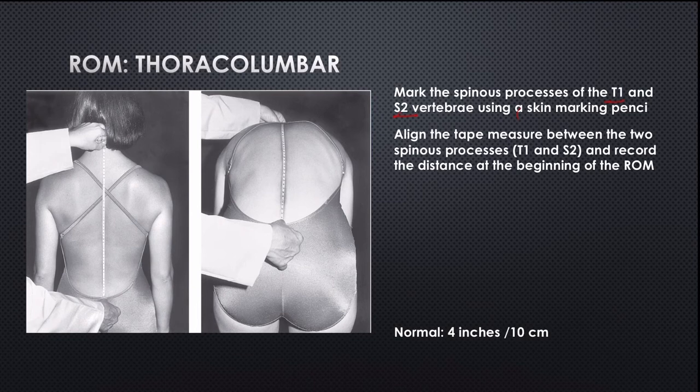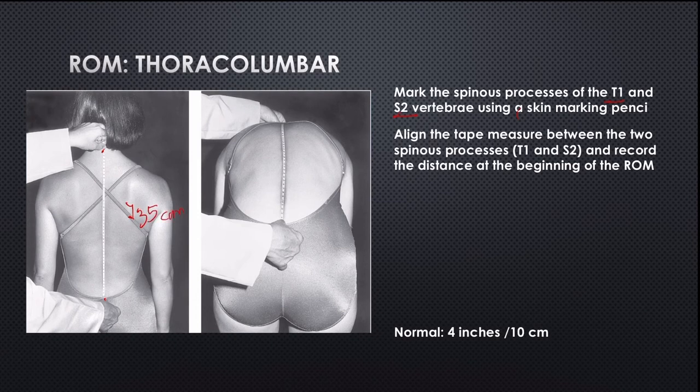Align the tape measure from T1 to S2 and record the distance. So let's say, for example, T1 here, S2 here. You have it in inches, no? Let's say this is just a hypothetical measurement. Let's say you have 35 centimeters, or just simply compute it to inches.